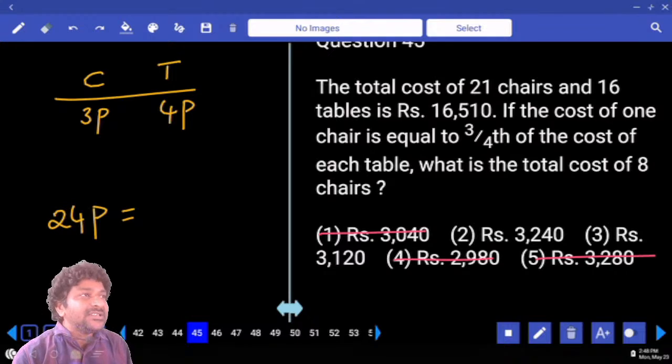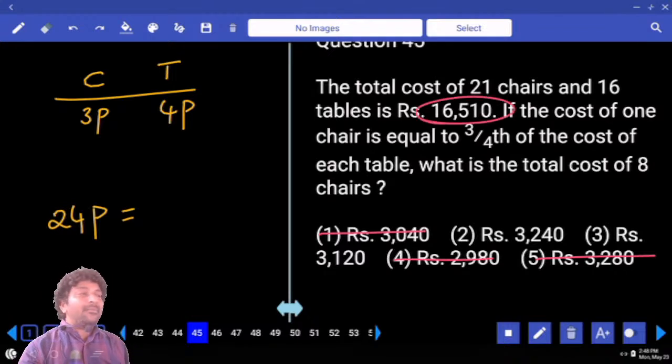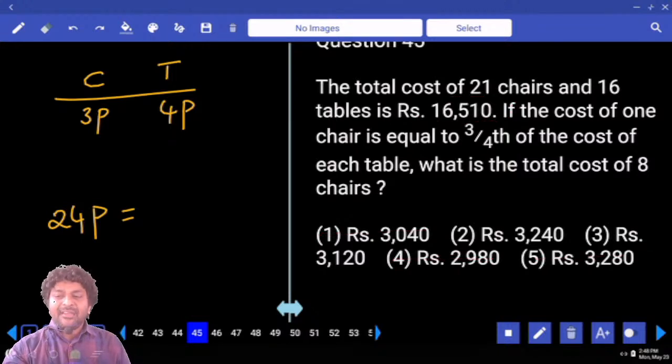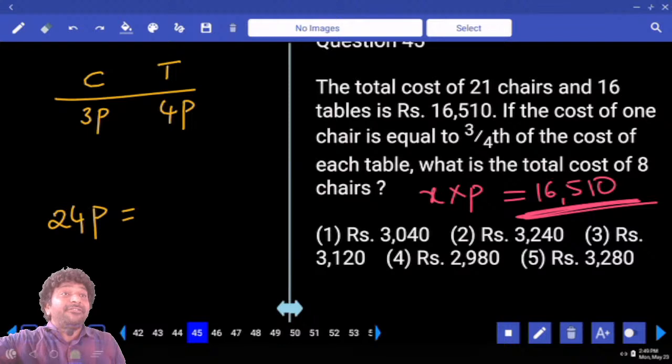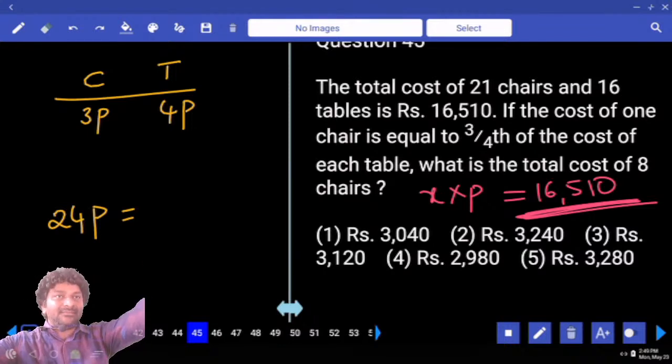Now, this is the sum of 21 chairs and 16 tables. For example, I will get x number of parts here, which is equal to 16,510. This 16,510 value is not a multiple of 3.